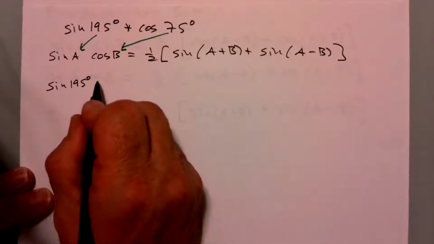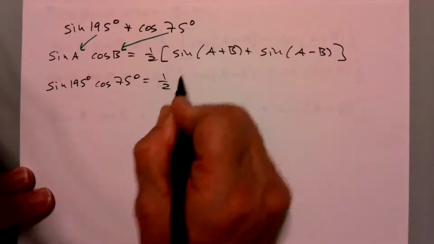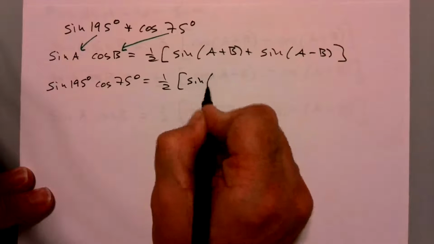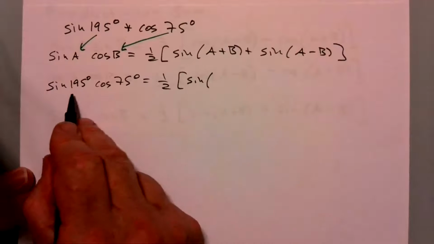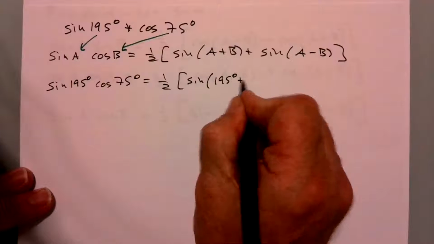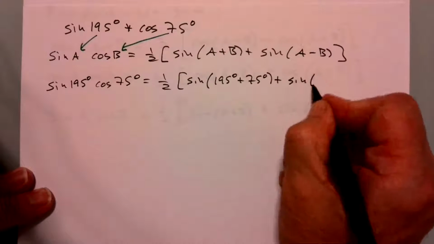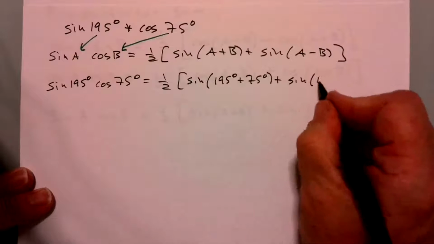Sine 195 degrees cos 75 degrees is 1/2 the sine of A plus B, the sine of 195 plus 75, plus the sine of 195 minus 75.